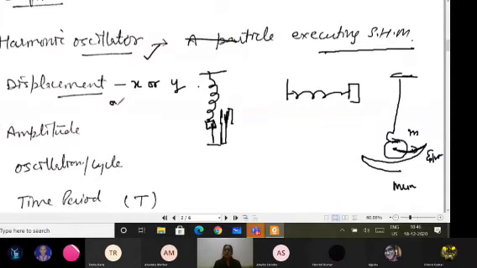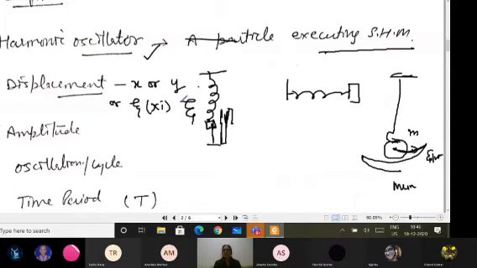Or I may use a symbol xi. In some numericals if you come across this symbol, an extended E type, that is known as xi.